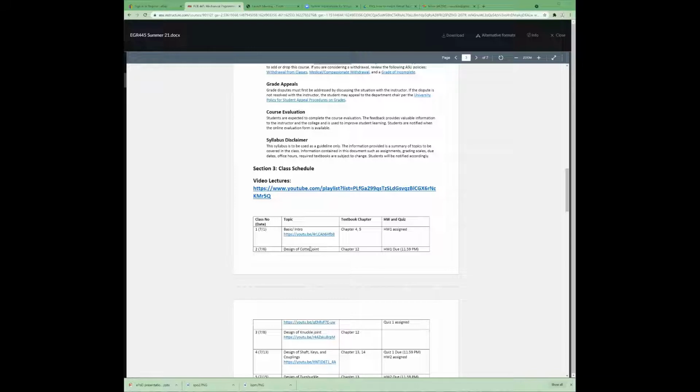I would cover the design of cotter joint, which is chapter 12 from the textbook. After that, we are going to look at design of knuckle joint, which is again chapter 12. Homework 1 is assigned today, and you have 5 days to work on the homework.